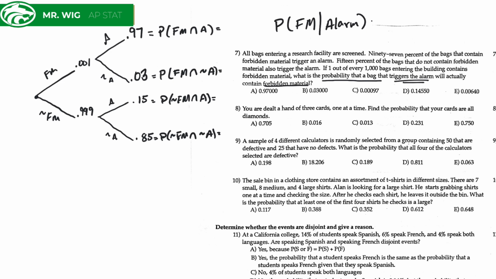Okay, so if I look up my conditional probability formula that we wrote down yesterday, I would say this is the probability of having forbidden material and an alarm divided by the probability of the condition, which would be alarm. Are there any questions about how we got to that stage?